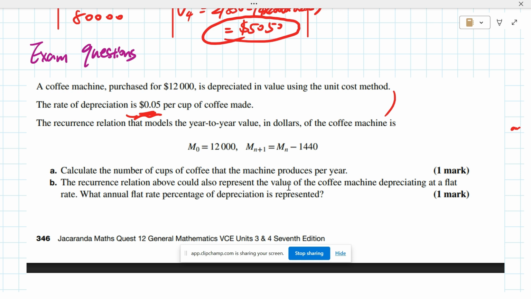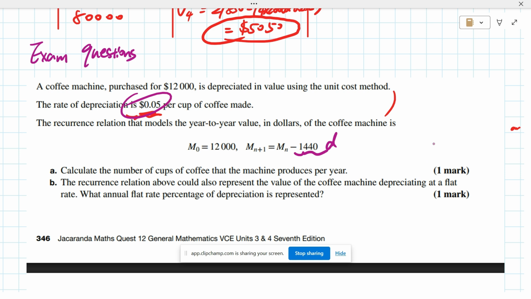So for this question, at the beginning, I will ask how many cups you made per year. We know this is the depreciation money, and we know the unit cost, which is 0.05 per cup.